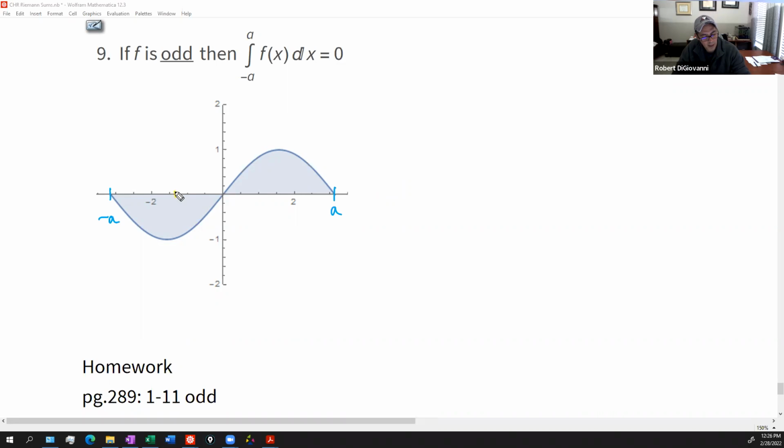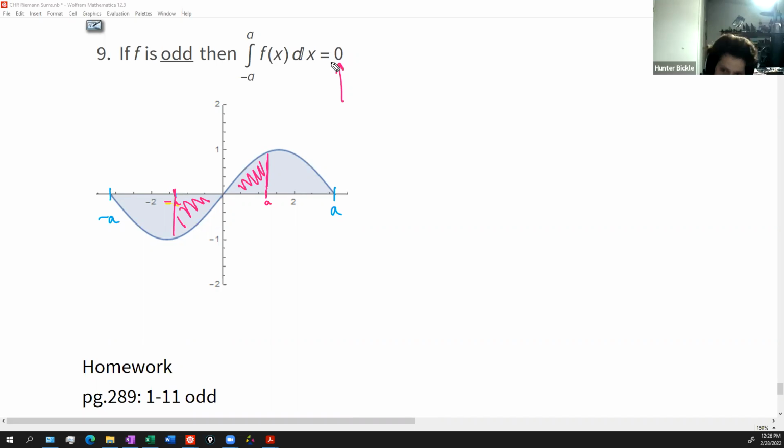Even if I went negative a here to positive a here, and I wanted to know this area along with this area, that would still be 0 because they just wipe each other out. But it has to be an odd function for this to happen. Sine's odd, right? Sine is odd.